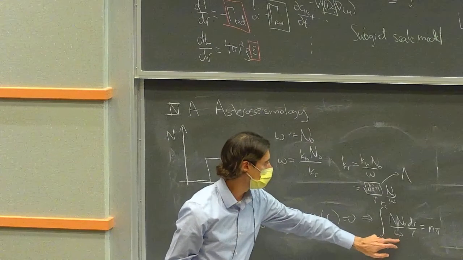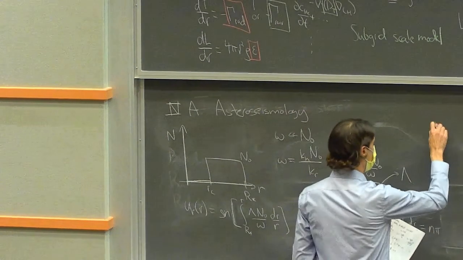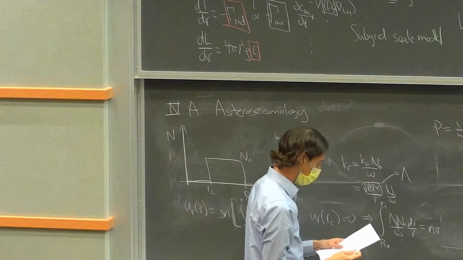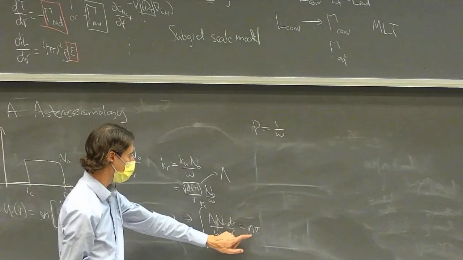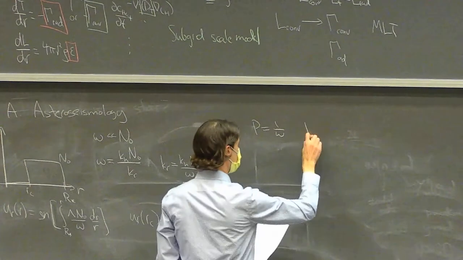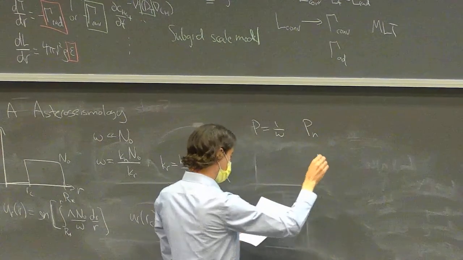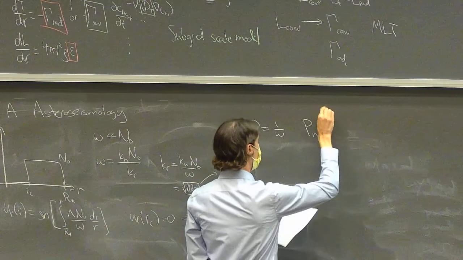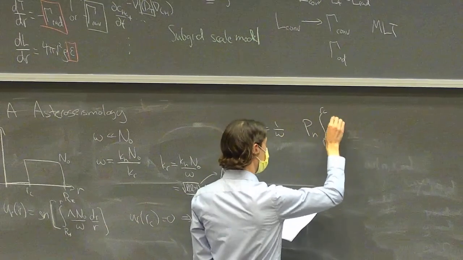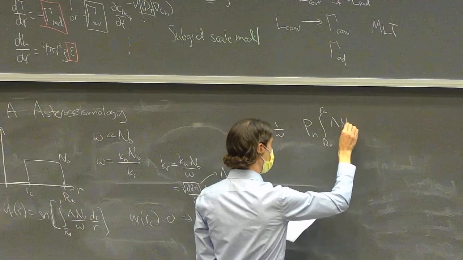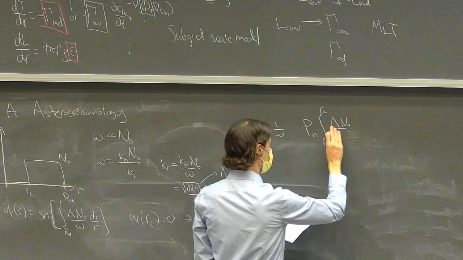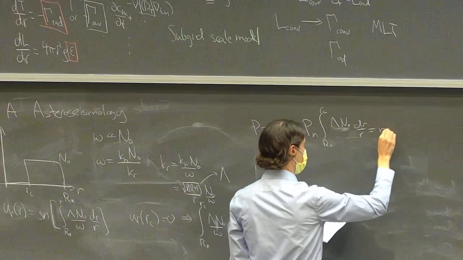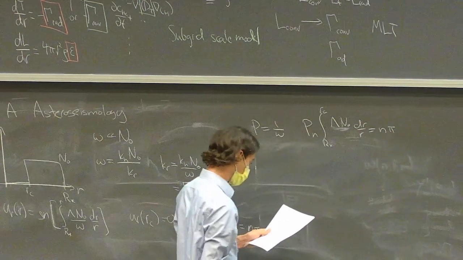What's convenient is to define the period 1 over omega, and then the period associated with mode n satisfies the following equation, that Pn times the integral from r star to r convection of gamma n naught dr over r is equal to n times pi.